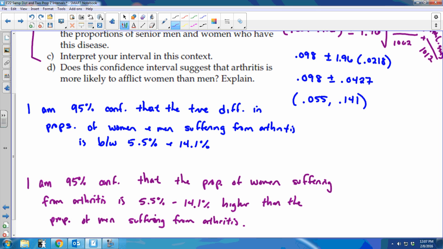So the second statement makes it more comparative. Right? One group is suffering more than another by this much.